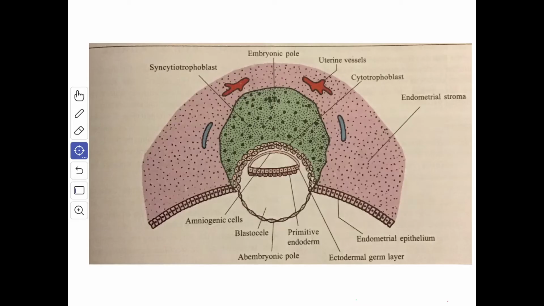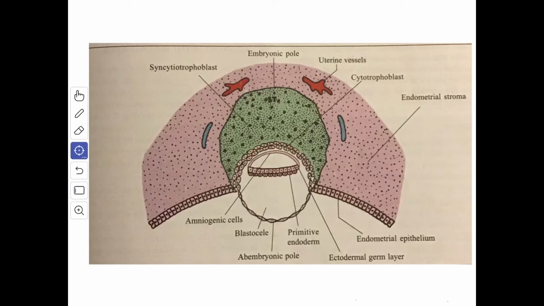In this video, we'll study the changes in the second week of the germinal period. The blastocyst is gradually embedded in the decidua of the uterus by the histolytic action of the trophoblast.